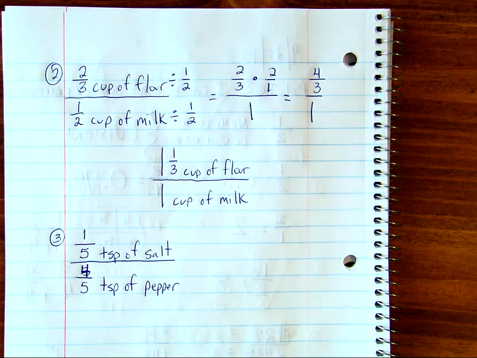Multiply those. Why are you dividing by 5? That number is not 5. You have to divide by the denominator. You just have to reduce that.